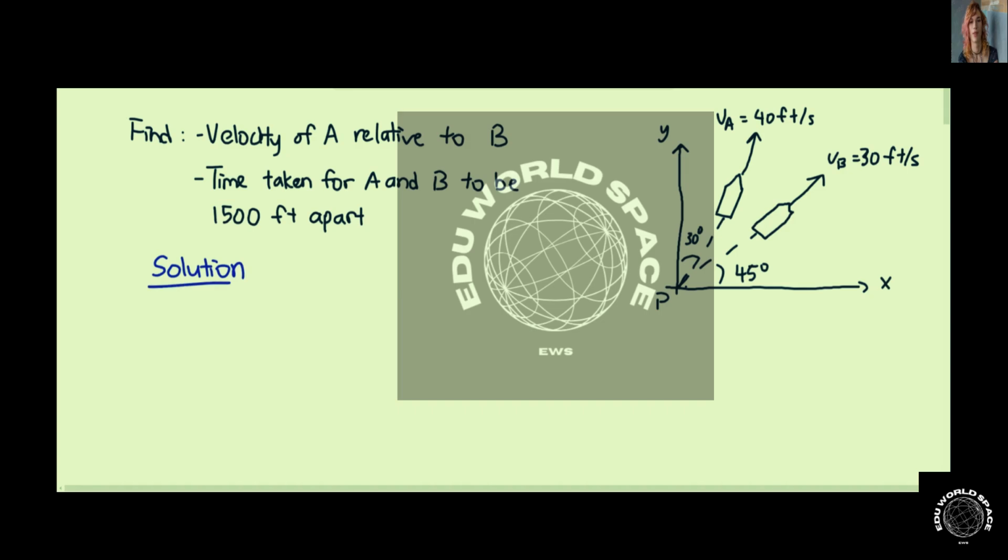To find the relative velocity, first we need to write down the velocity vectors of boats A and B in vector form. Based on the given diagram, VA is 40 times (cosine 60 degrees I hat plus sine 60 degrees J hat), which is 20 I hat plus 20 root 3 J hat feet per second.